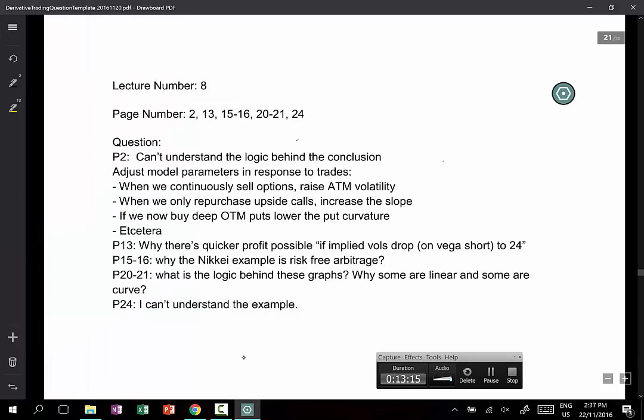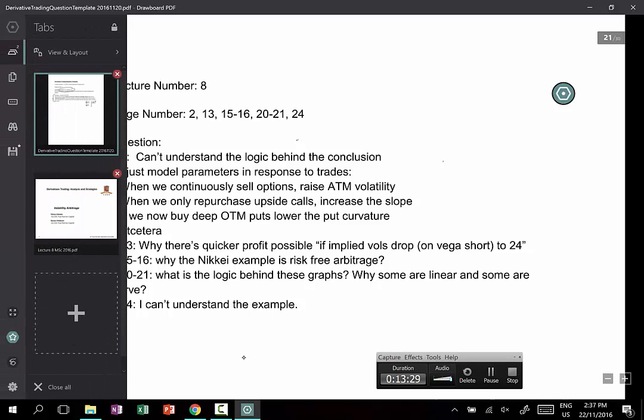What else? Page 20 to 21. What is the logic behind these graphs? Why some are linear, some are curves? Okay, page 20 to 21.